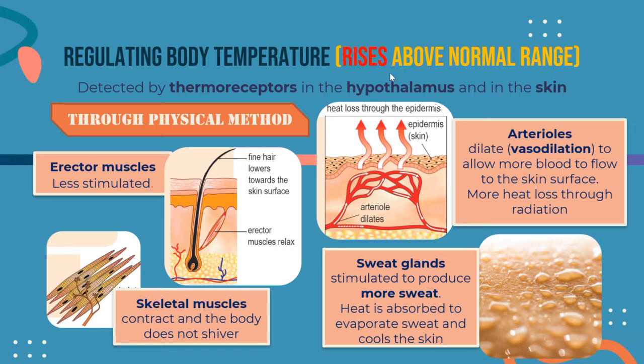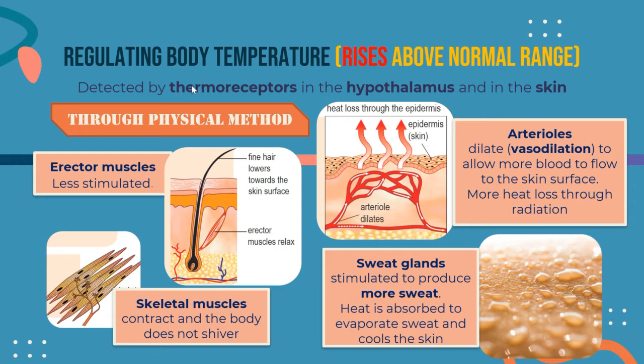There is a regulatory process that applies homeostasis. First of all, when our body temperature rises above 37 degrees Celsius, it will be detected by the thermoreceptors in the hypothalamus and also in the skin.